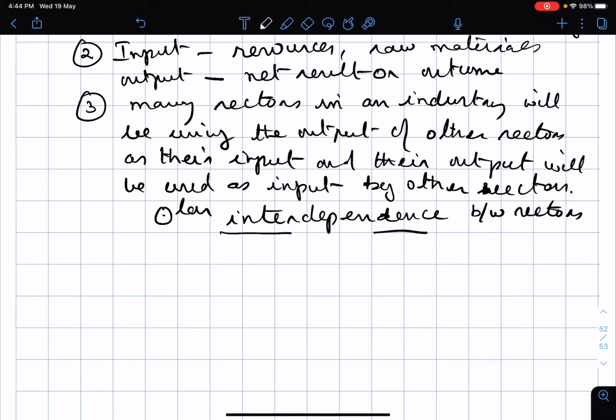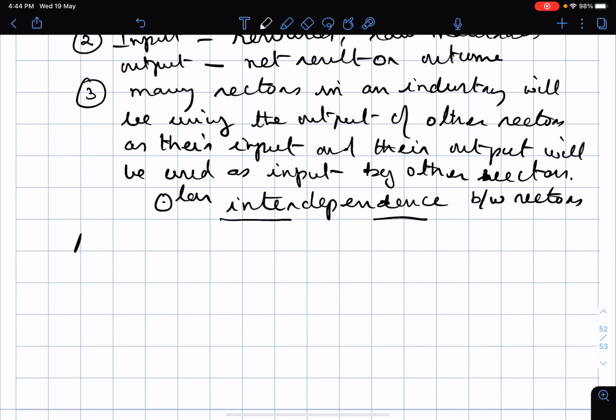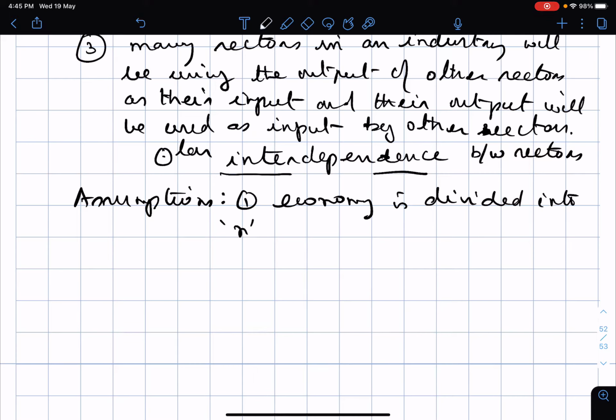Before going into this analysis, one more thing you should know is the assumptions. There are some assumptions which play an important role. First assumption: the economy is divided into n interdependent sectors.